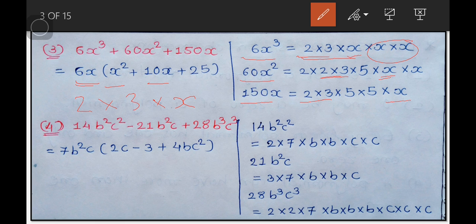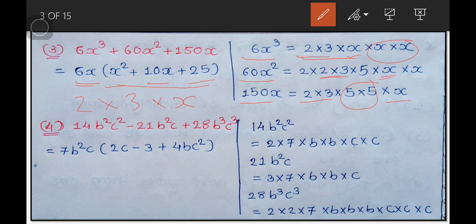And if we extract 6x from 150x, then the remaining part is 5 5s are 25. So here we put 25. So if we extract 6x from the above polynomial, then the remaining part is x square plus 10x plus 25, and we have put it in a bracket.